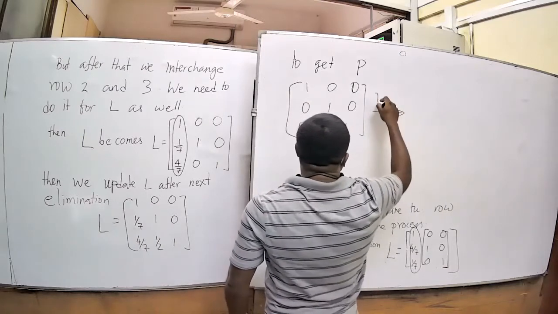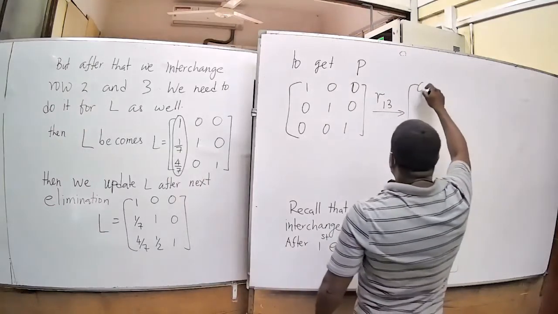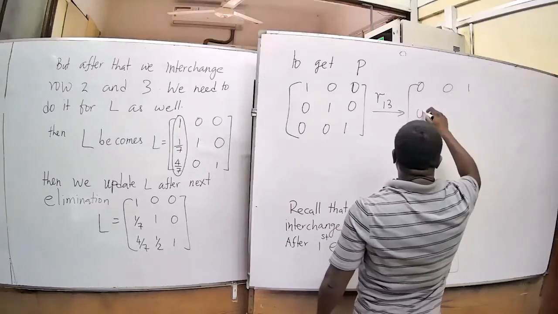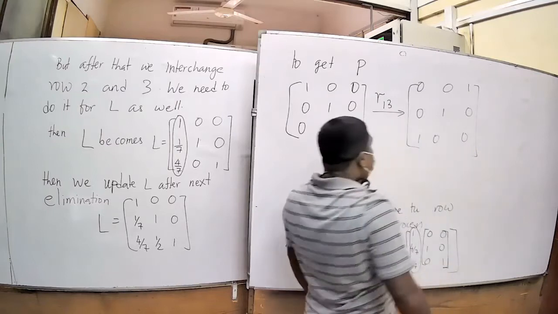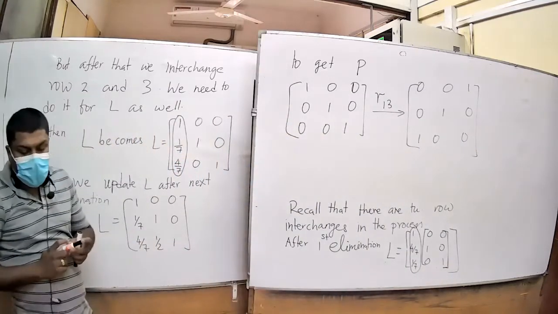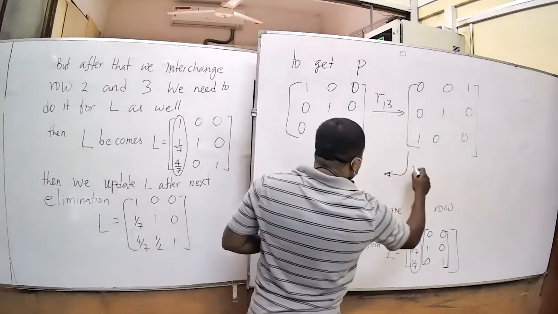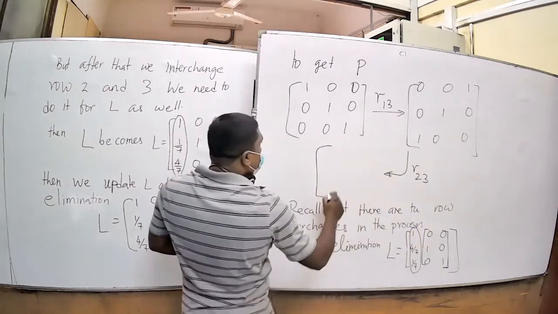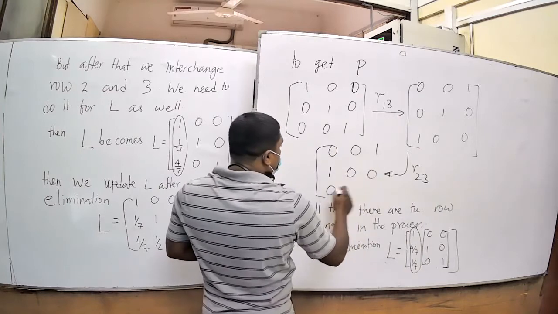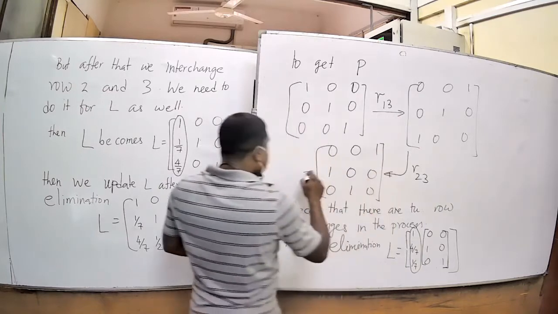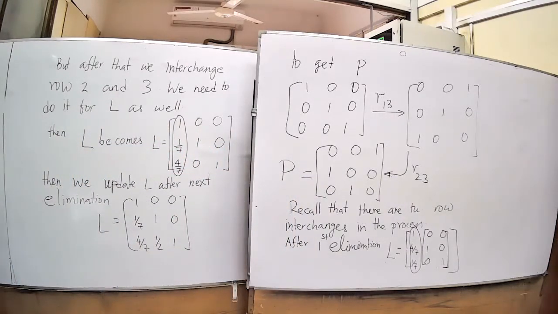You see that first you interchange R1 and R3, and after that you interchange rows 2 and 3. So you get 0 0 1, 1 0 0, 0 1 0. This is your P.